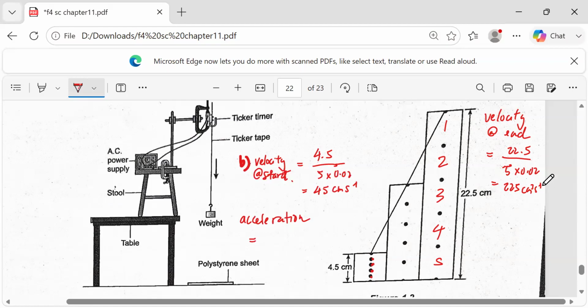Let's calculate: your final velocity minus initial velocity, over the time, which is 5 times 0.02 seconds.